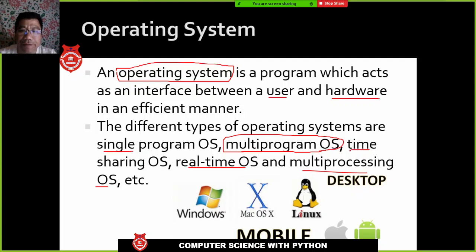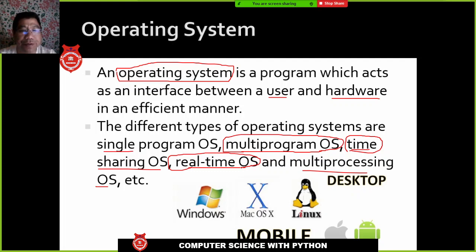We also have time sharing operating system, where the operating system is shared by different persons. Okay, the time is shared. And real-time operating systems are very, let us say, good operating system, and they can respond in real time. There is usually no error.